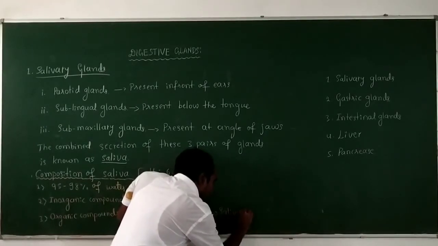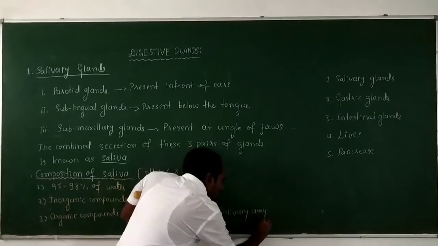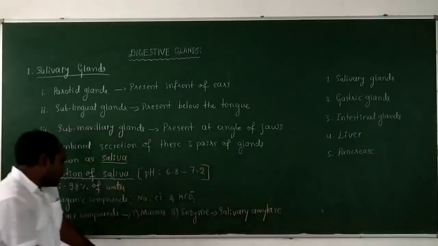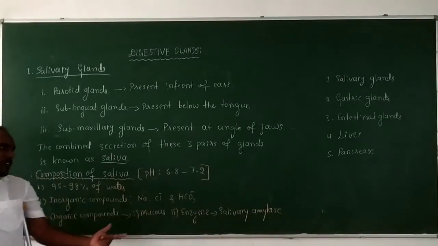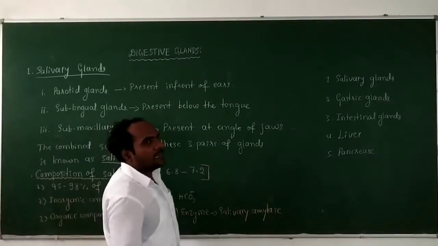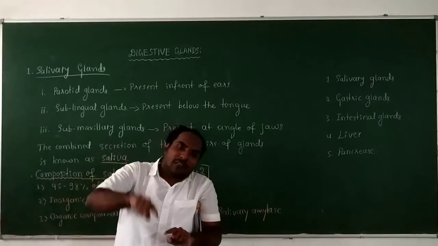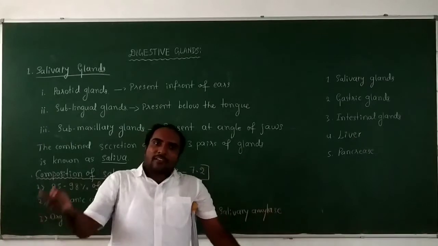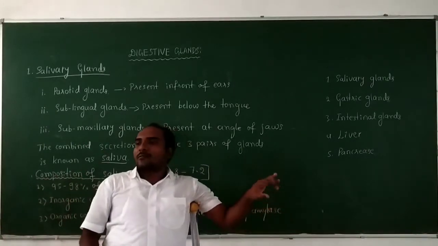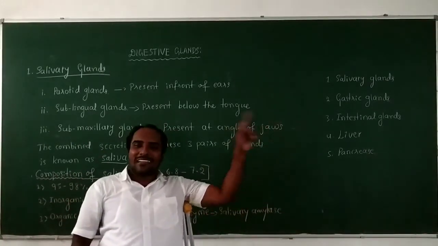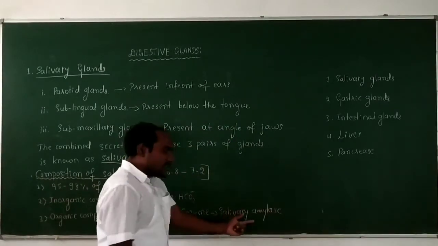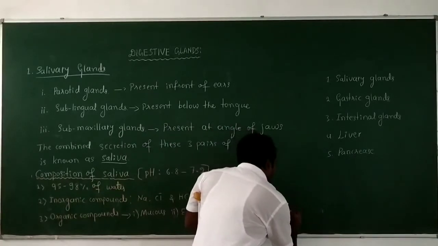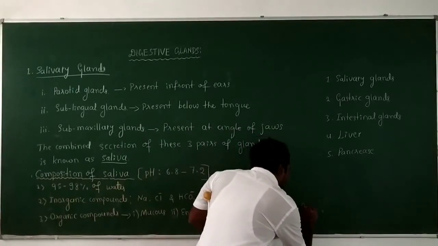Salivary amylase. It is an enzyme found in the saliva. What is its function? This salivary amylase acts on polysaccharides and converts them into disaccharides. It acts on starch and glycogen and converts them into maltose, sucrose, lactose. This is the function of salivary amylase. And also the saliva contains one antibacterial enzyme.